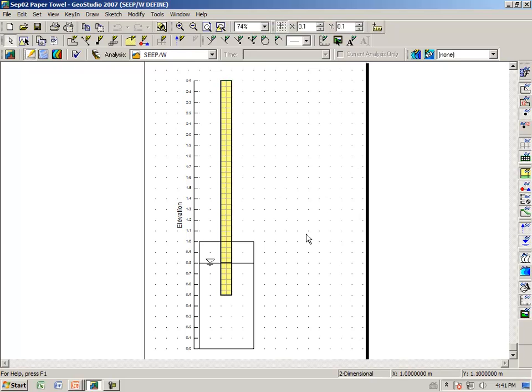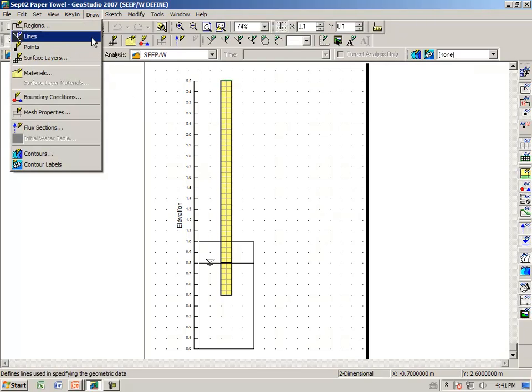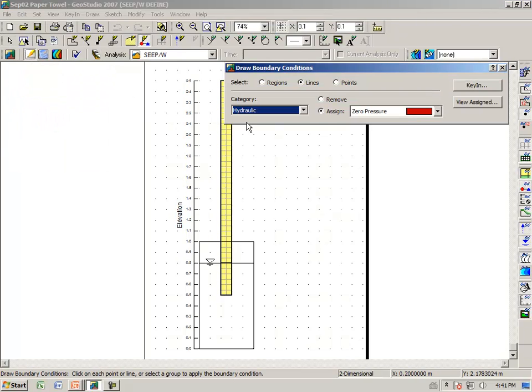Now we have to do one other thing, and that is define a boundary condition. I know we're jumping ahead of ourselves here, but for the time being, simply go draw a boundary condition, and from this drop-down list you will see the orange boundary condition called water in the glass, and we need to assign this boundary condition.